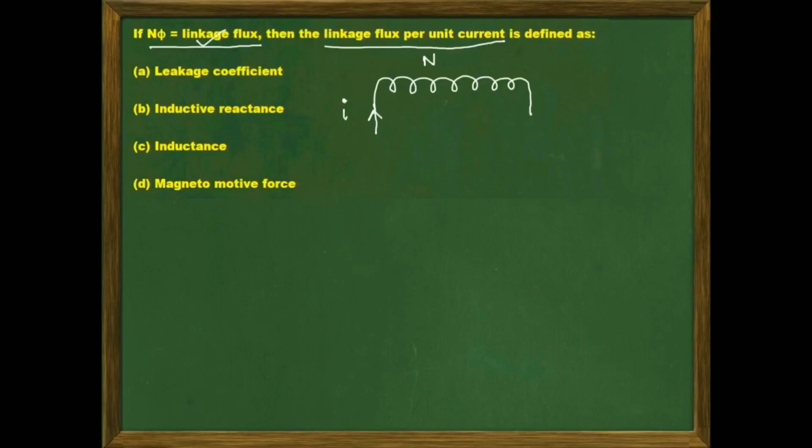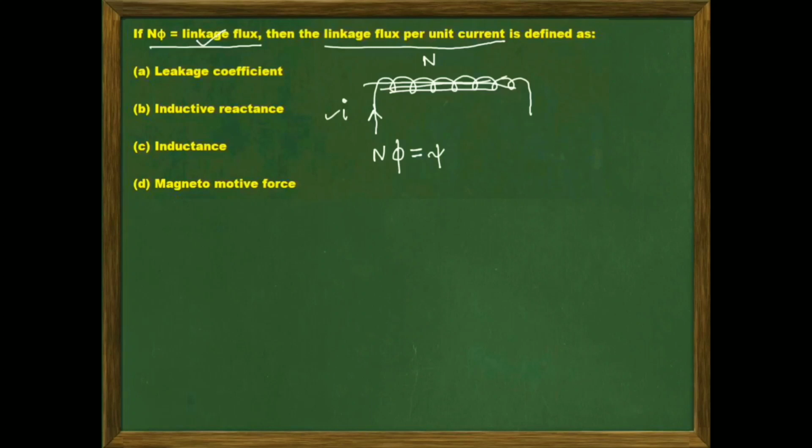Now from the basic concept of electromagnetism, we know that when a current flows through a coil or a conductor, it produces a magnetic field around it, and because of the number of turns n, there is flux linkage. The flux linkage is given as n phi, which can also be represented by psi.